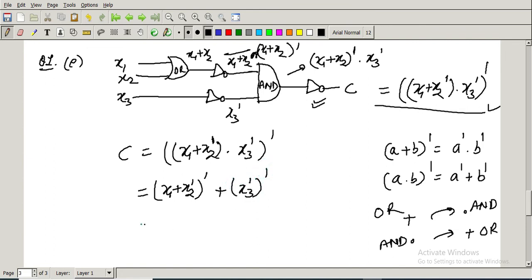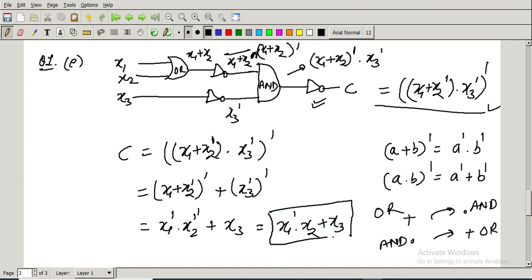Again we can apply De Morgan's theorems here, which is x1 complement dot x2 complement, and complement plus x3 complement and complement. So complement and complement negate each other, so it will be x3, and here we have x1 complement x2, because that 2 will vanish, because the complement of x2 complement will be x2, and then plus x3. So this is your C function.